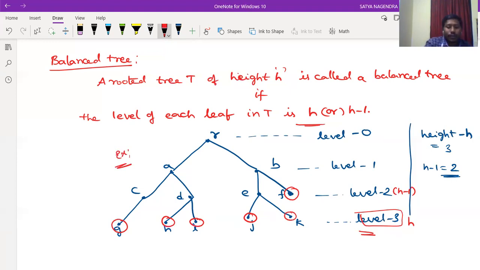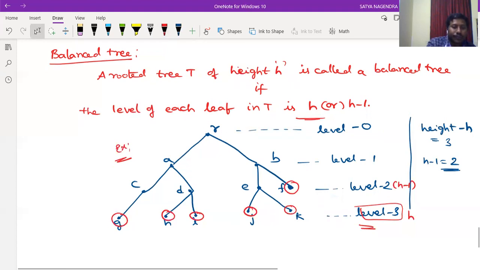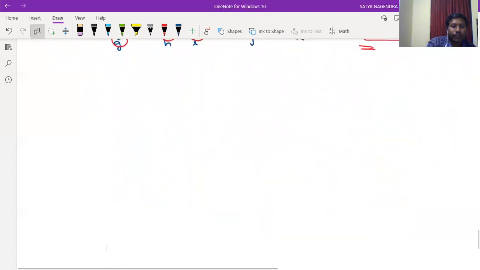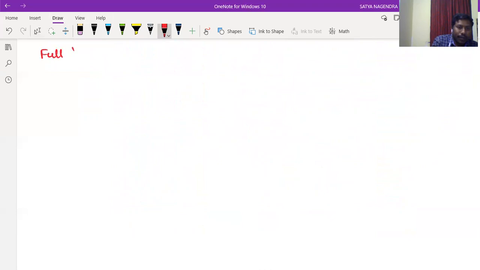Okay, so now we go for the next definition, that is full binary tree. For this, I'm starting with a complete binary tree.